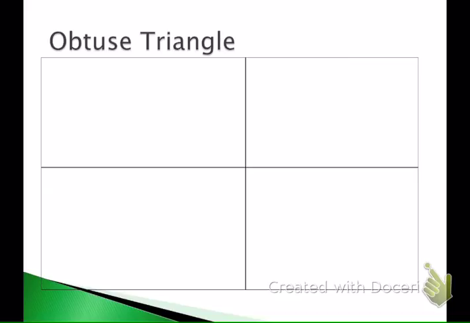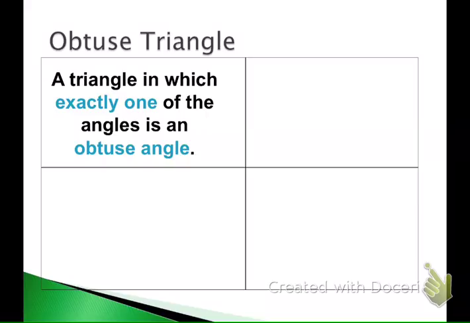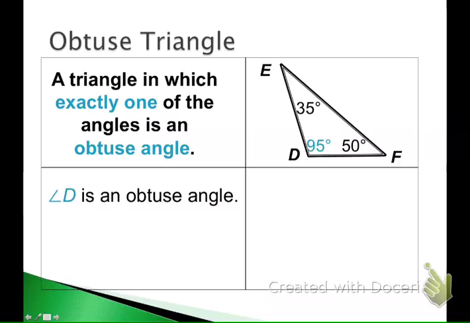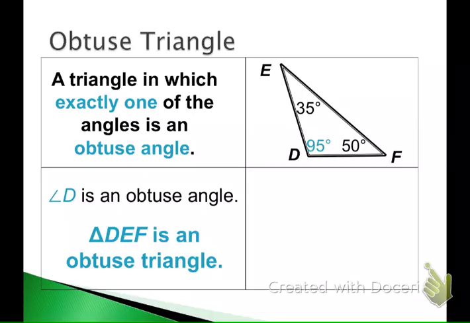So an obtuse triangle is a triangle where exactly one of the angles is an obtuse angle. So in this example triangle, angle D is an obtuse angle because it's 95 degrees, right? And so that means that it's bigger than 90.